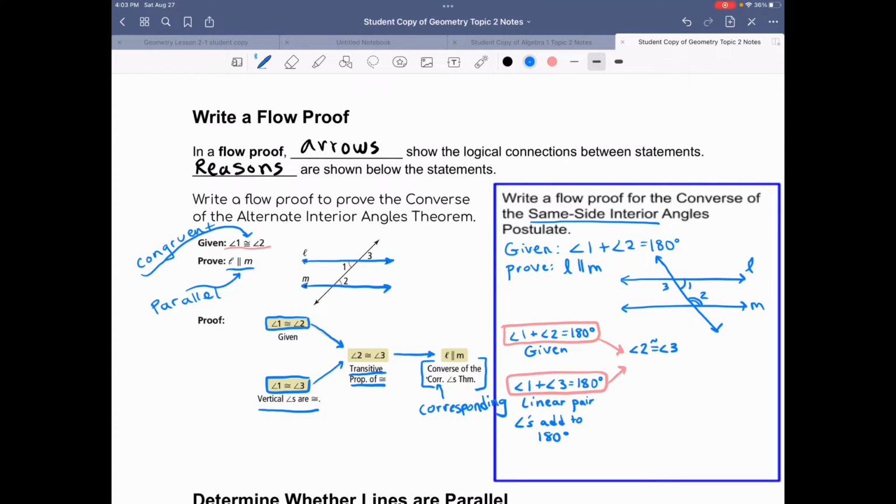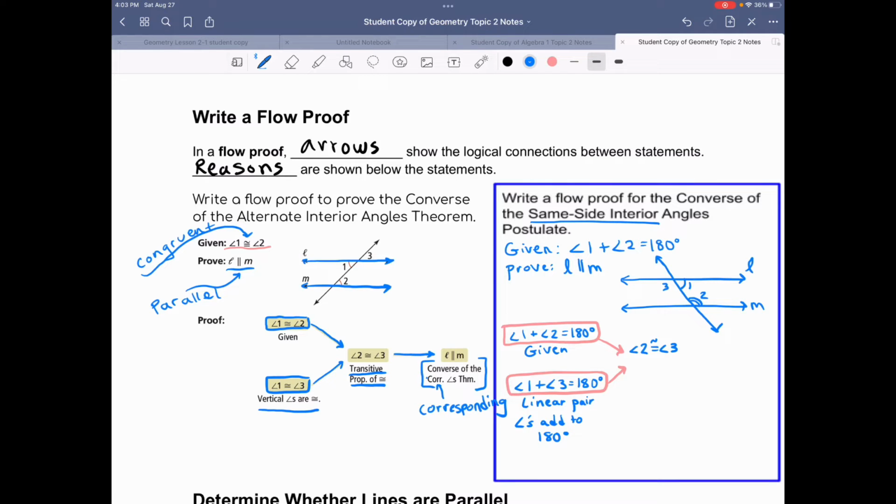we look at our first two statements with the angle 1 plus angle 2 is 180, did I do that correctly? Let's see. Yes, because the ones can cancel out.